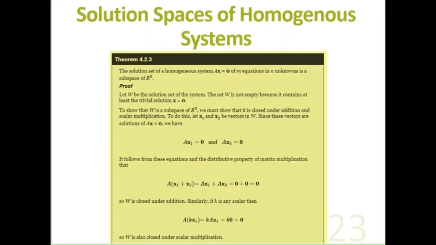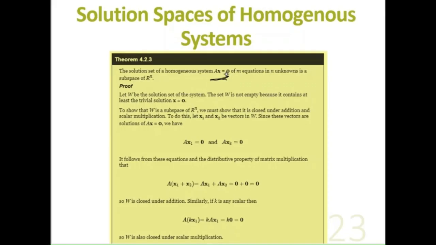And where would we be in any chapter if we didn't address homogeneous systems? So please take note of theorem 4.2.3 as well. Hopefully you recognize this AX equals 0. The solution set of a homogeneous system, AX equals 0, of M equations in N unknowns is a subspace of real space, or Rn.